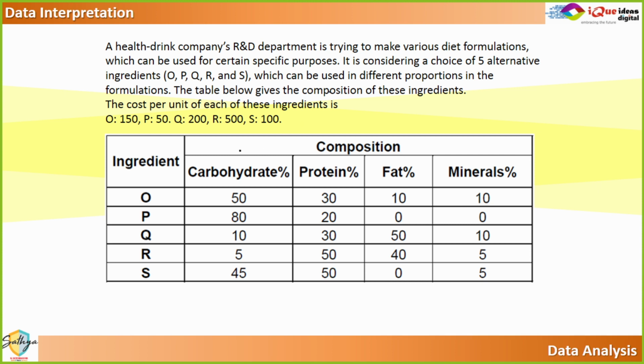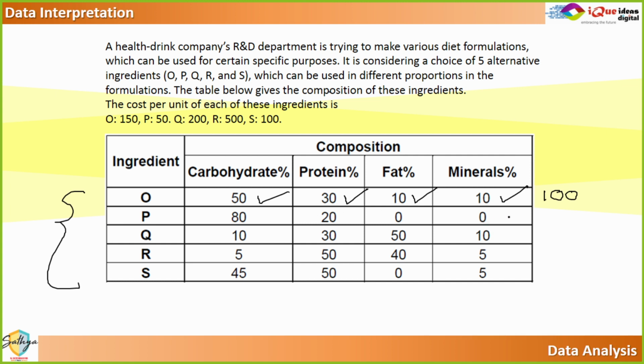Now, the ingredient composition is given. So O, P, Q, R, S. O contains 50% carbohydrates, 30% protein, 10% fat, and 10% minerals. So 50 plus 30, 80 plus 10, 90 plus 10, the total is obviously equal to 100. Similarly, P has 80% carbohydrates, 20% protein, so 80 plus 20, 100.